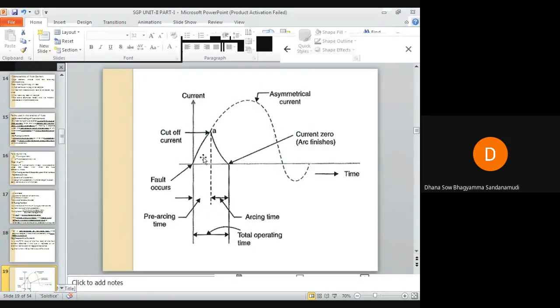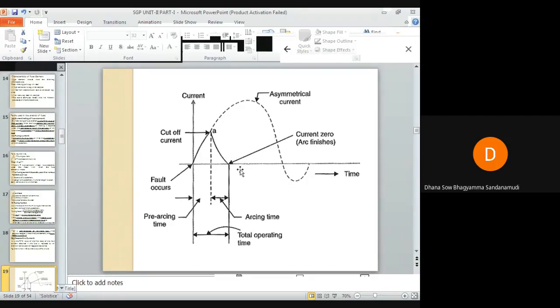This fault current can generate sufficient energy to melt the fusible element well before the peak of the first loop is reached. So the RMS value of the first loop of the fault current is known as prospective current. I hope now you have understood the definition of prospective current. What is the definition of prospective current?